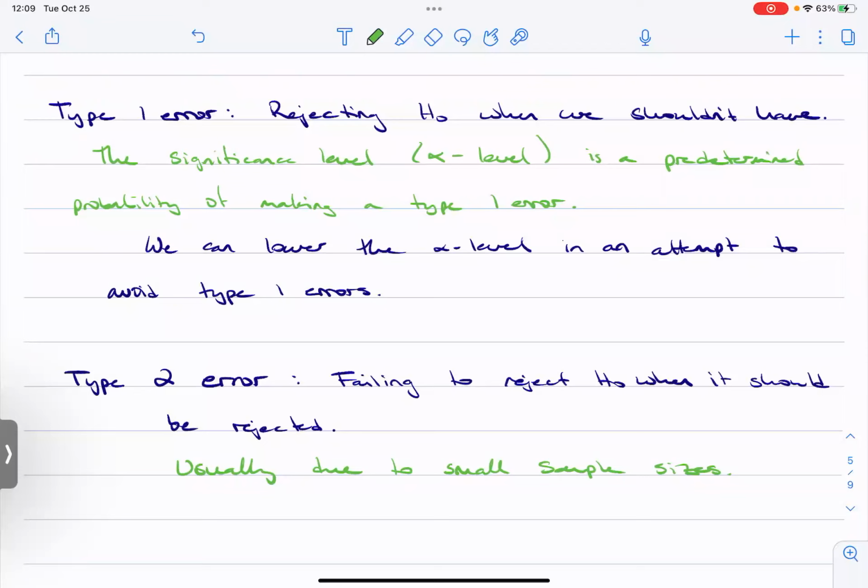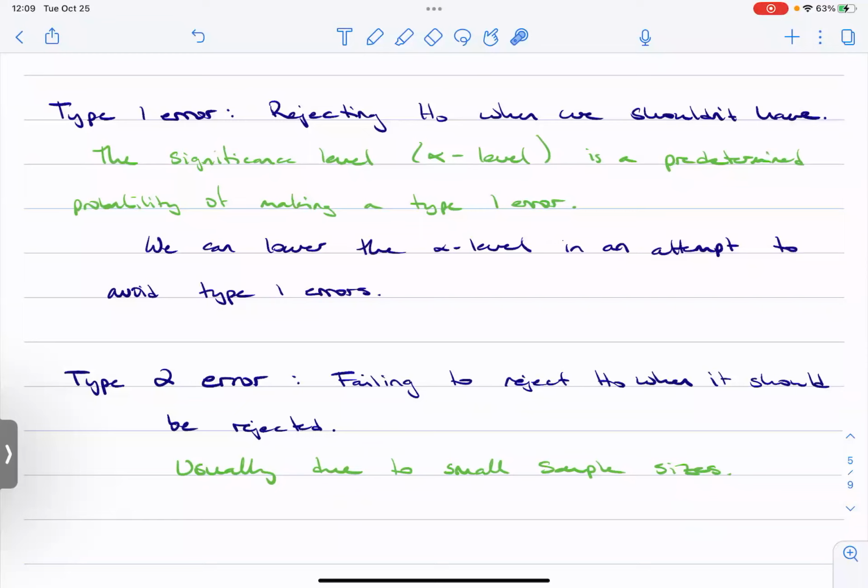So often for these types of questions, you'll be given a question scenario, and then asked what does making a type 1 error mean in this case? Well, it means that you have rejected H0 and have been wrong. In our example, we decided to reject H0, and there's a chance that we were wrong.